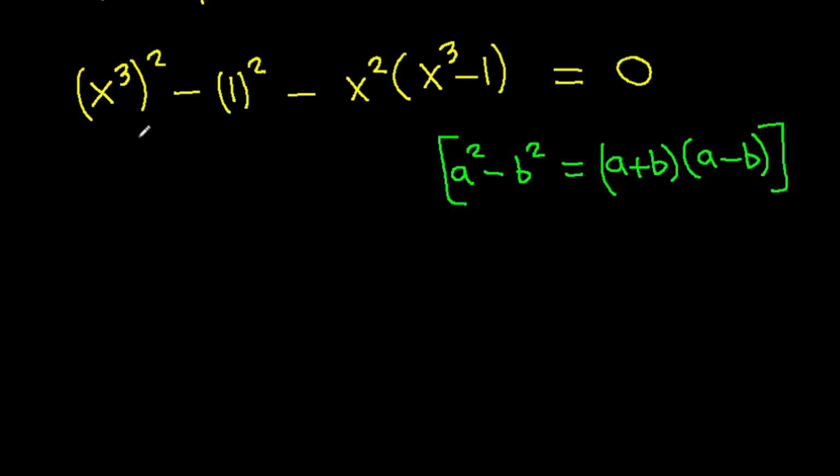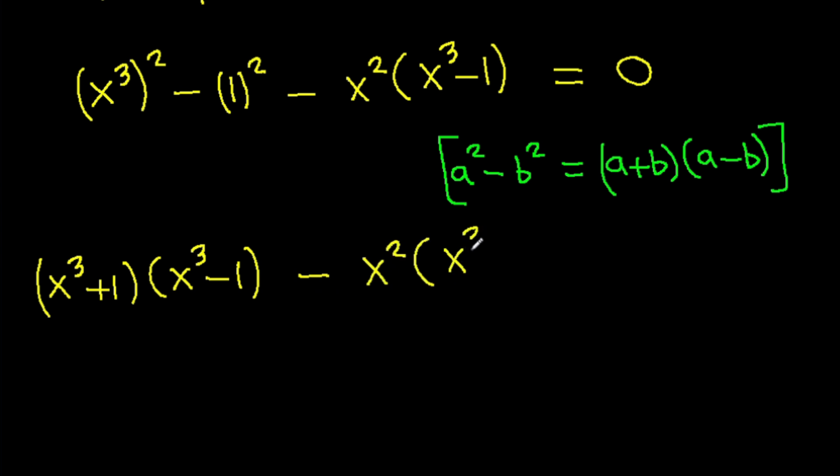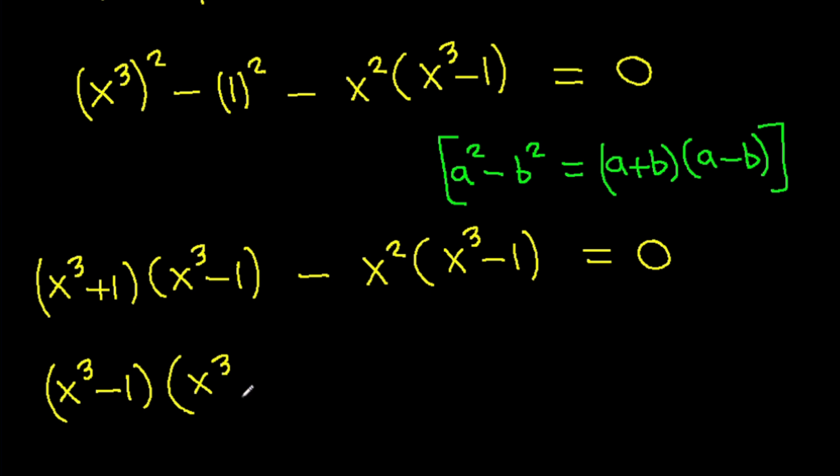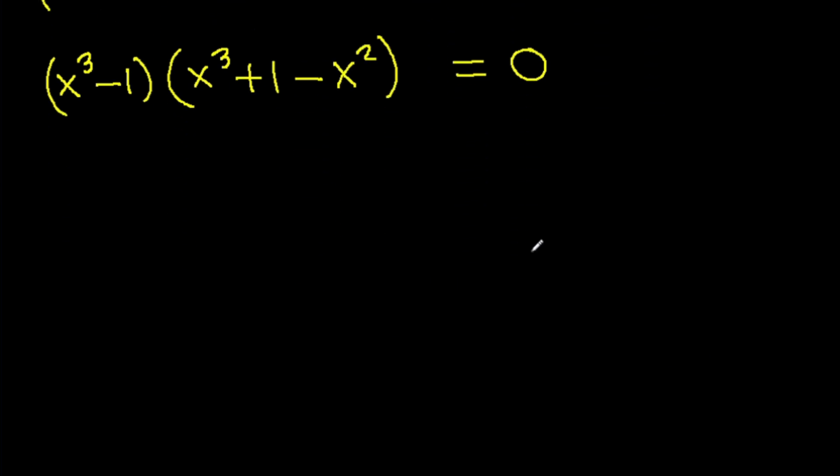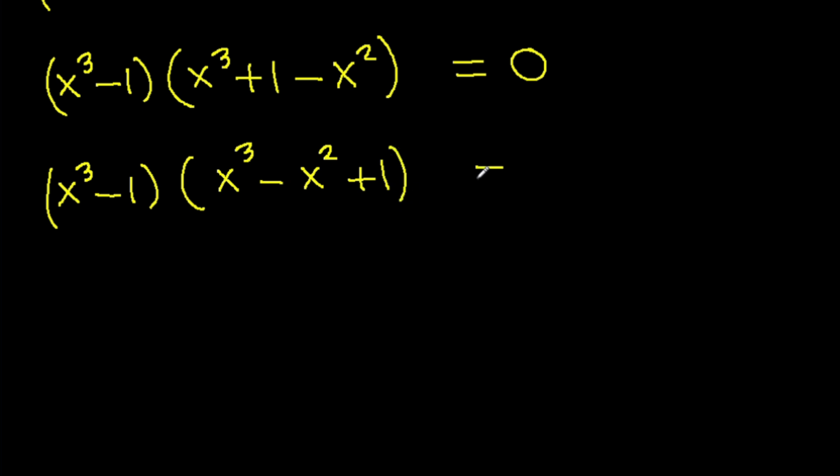So x cube square minus 1 square will be x cube plus 1 times x cube minus 1 minus x square times x cube minus 1, it is equal to 0, and we can take x cube minus 1 common, and it is x cube plus 1 minus x square, it is equal to 0, and it is x cube minus 1 times x cube minus x square plus 1 is equal to 0.